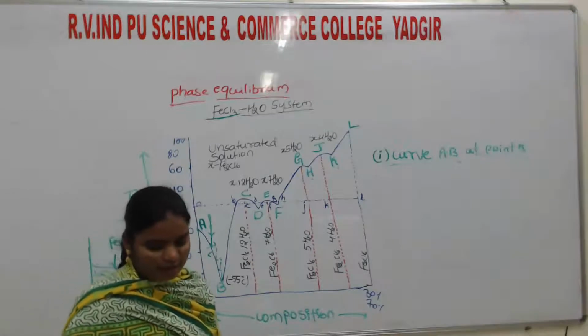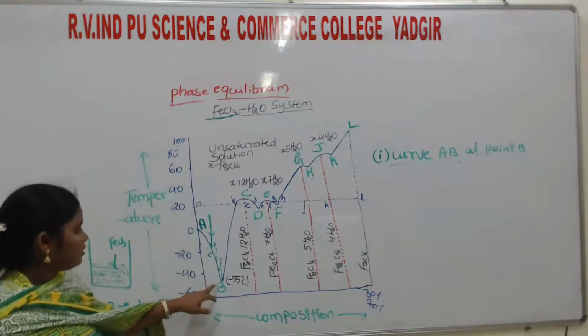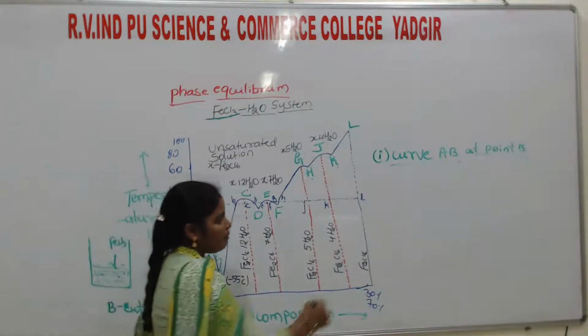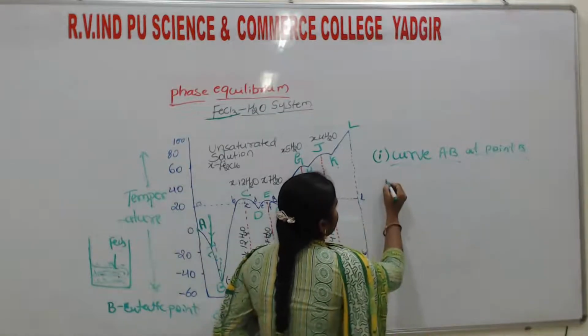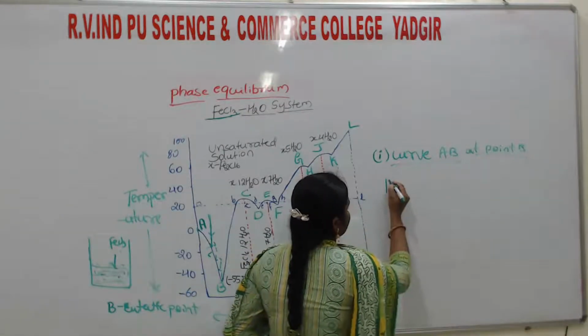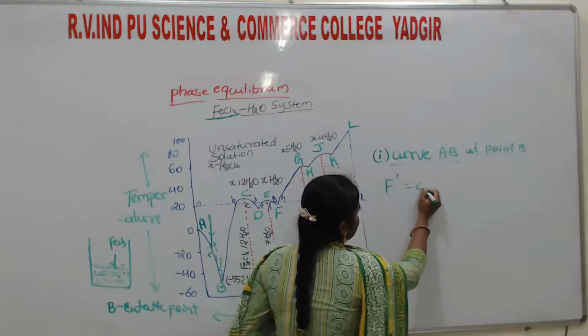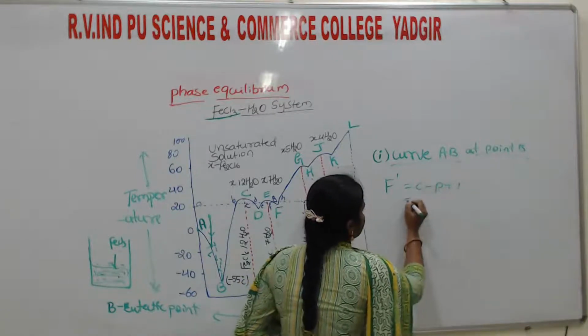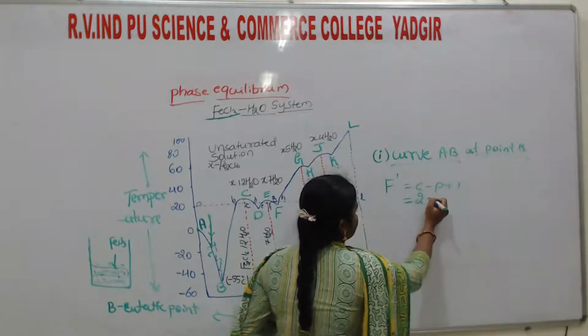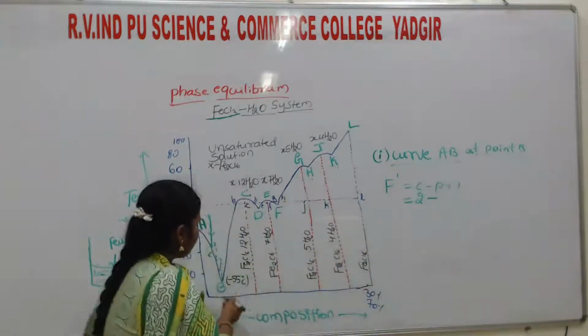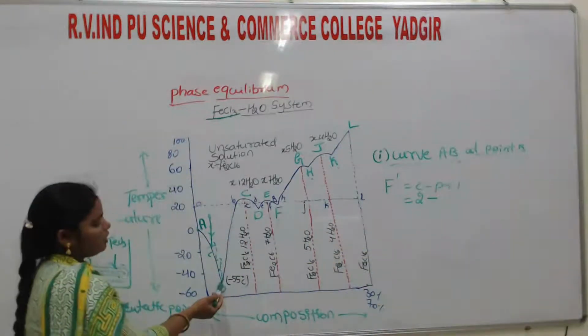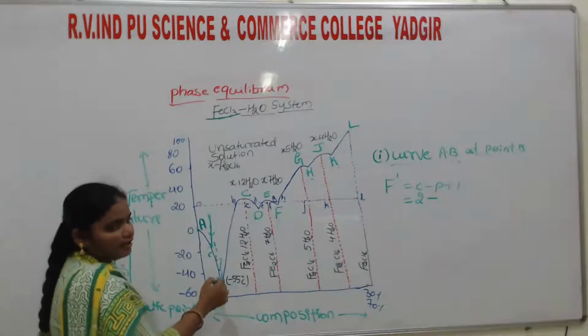And then here, three phases are present. You apply on this line, curve AB. Here F dash equals C minus P plus 1, for a two component system, minus P. The three phases here are: one is solid and another is a liquid state.